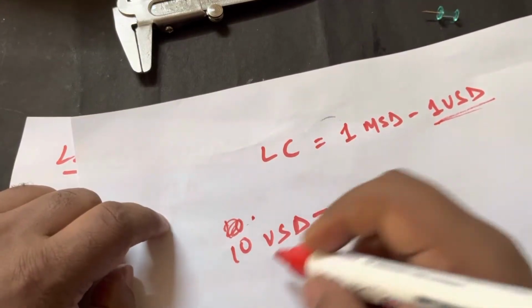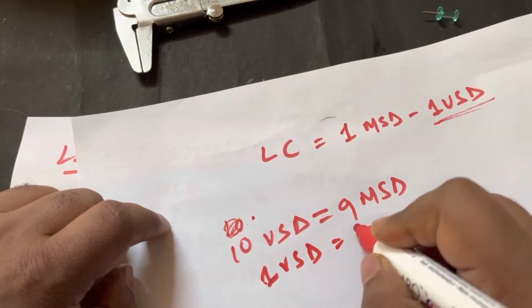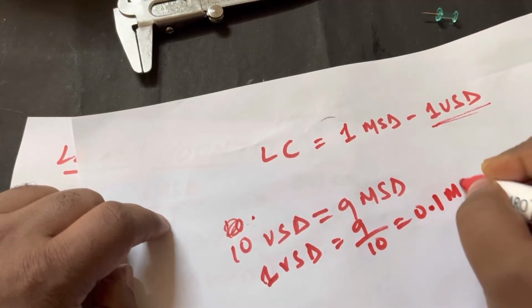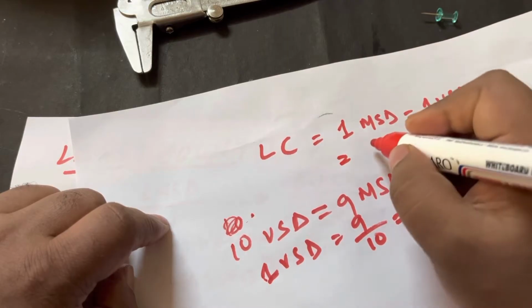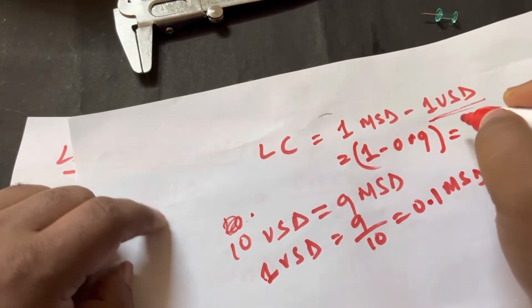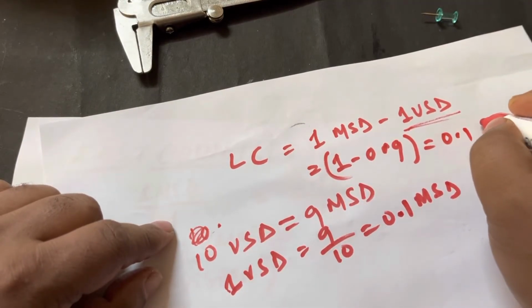So 10 VSD equals 9 MSD, so 1 VSD is 9 by 10, that is 0.9 main scale division. So 1 MSD minus 1 VSD is exactly 1 minus 0.9, that is 0.1 MSD.